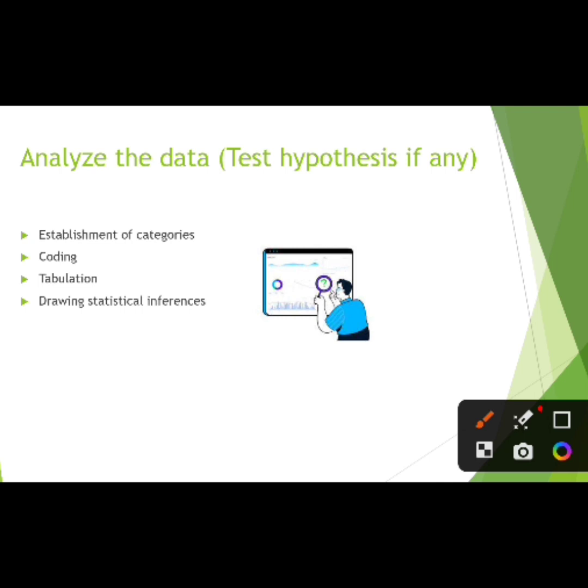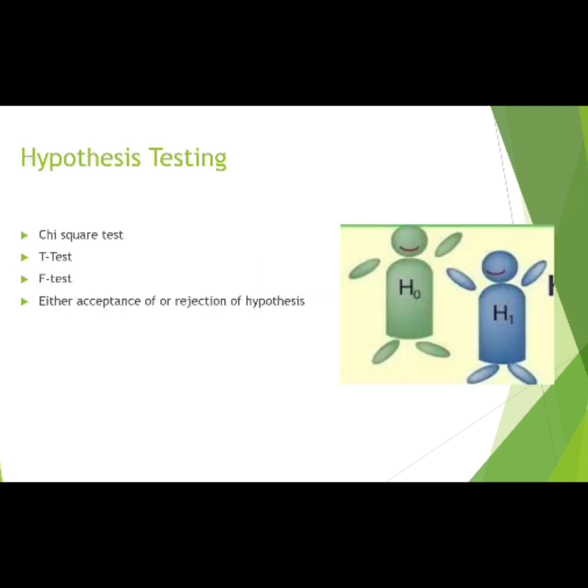For doing the analysis, we have to use some tools. So establishment of categories: we categorize the data by making graphs, tables, charts, pie charts. After that we have to code the data, tabulate, and draw statistical inferences. After that we have to interpret the data in a very descriptive form so that people will understand it.